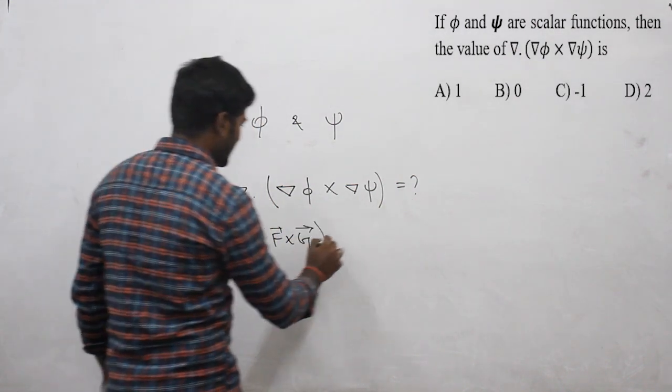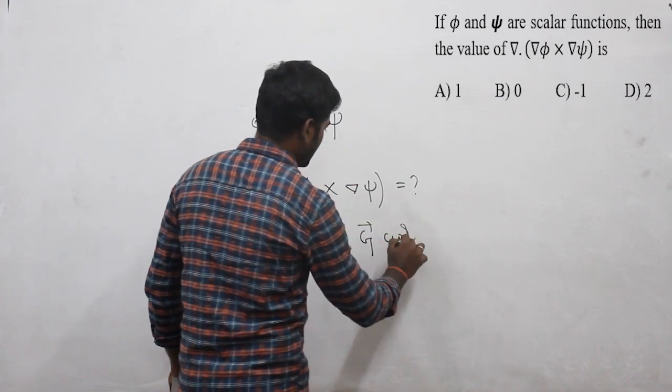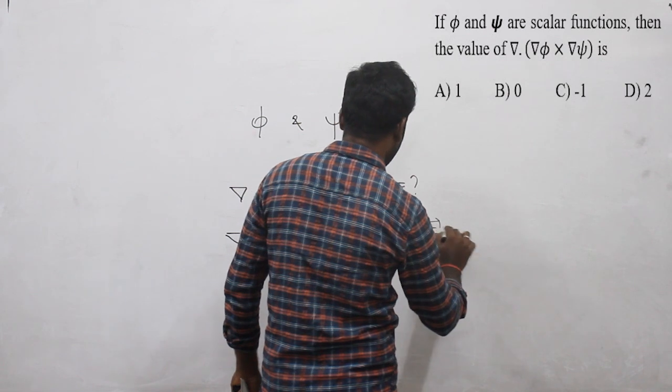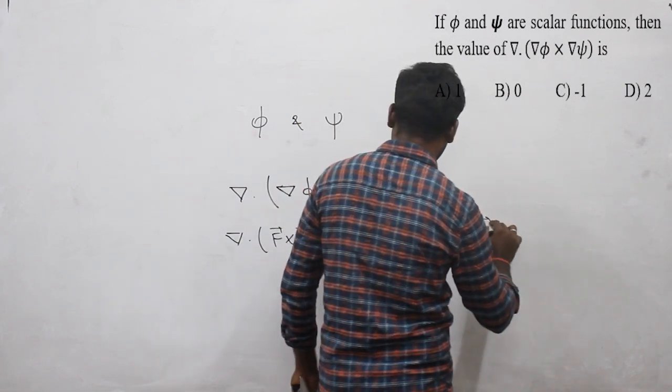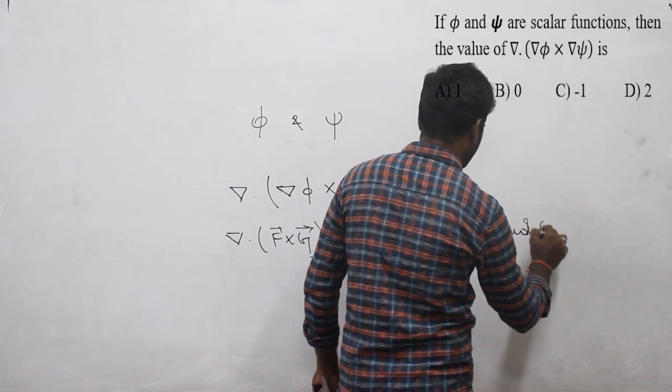So we can write this as g into curl of f vector minus f dot curl of g vector.